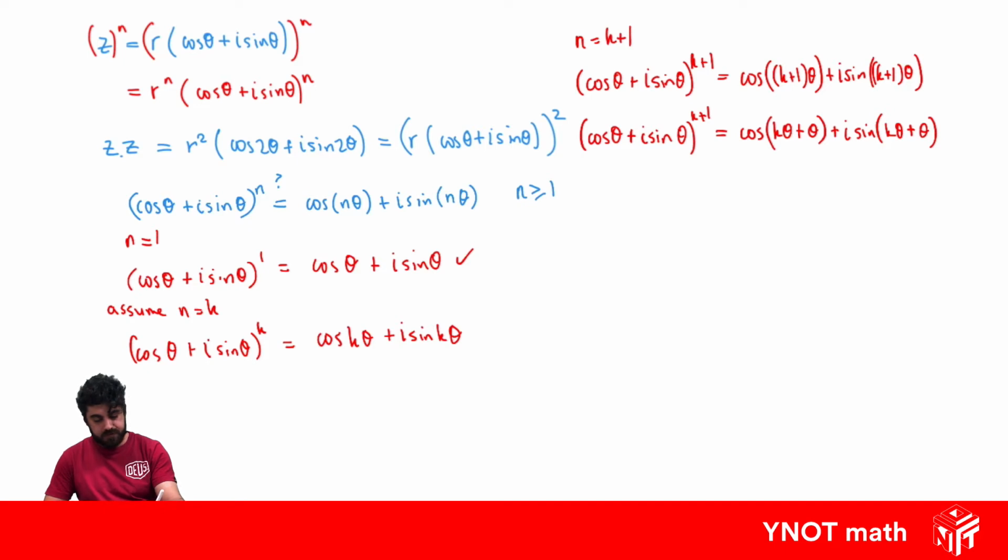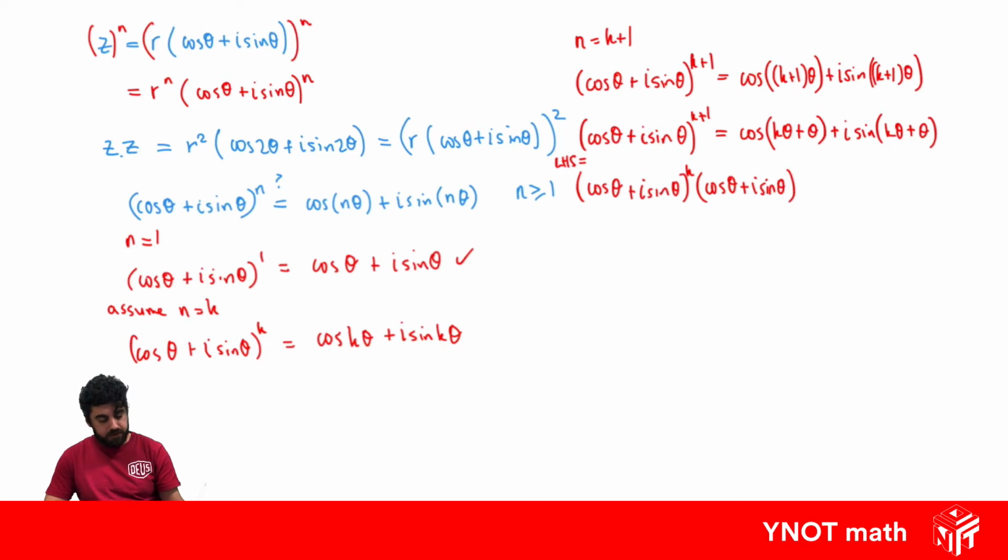Let's take our left-hand side and rewrite it as cos theta plus i sine theta to the k times cos theta plus i sine theta. So just using reverse index laws. So this is our left-hand side.